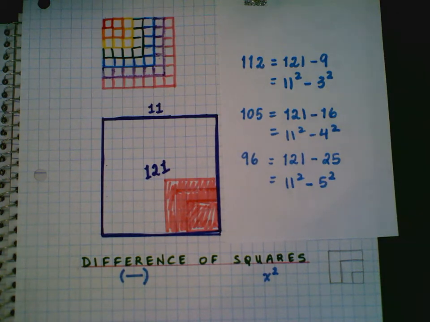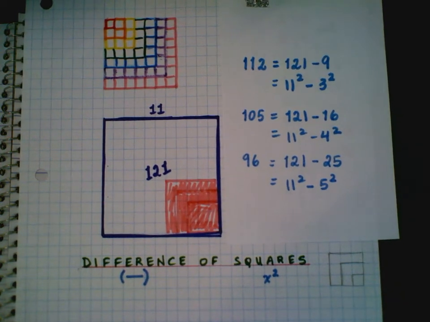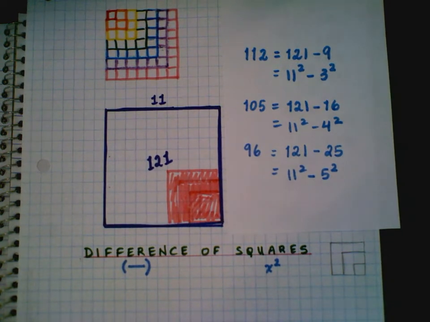So not all values can be represented as a difference of squares. That's going to be part of your challenge for this week, is to look at which values between 1 and 20 can be represented using a difference of squares.